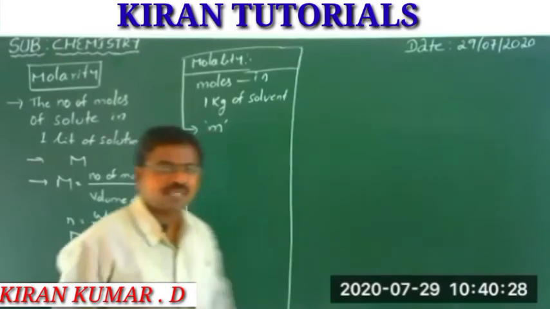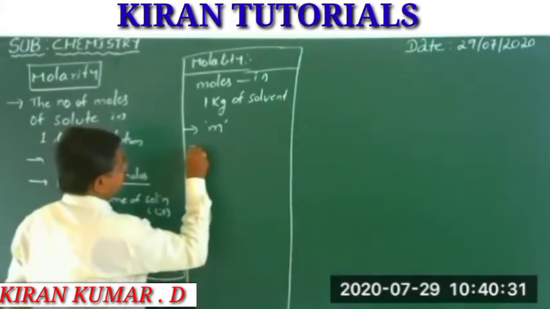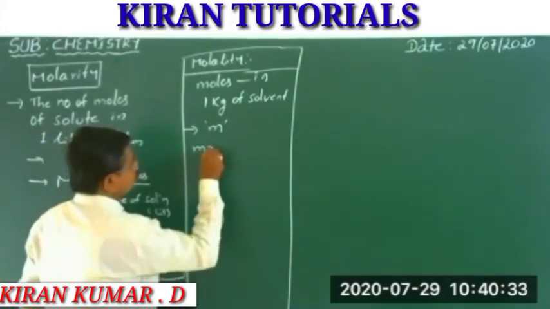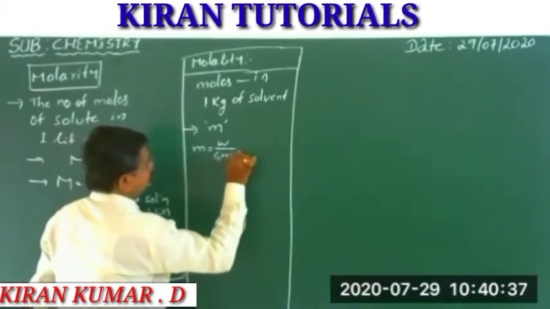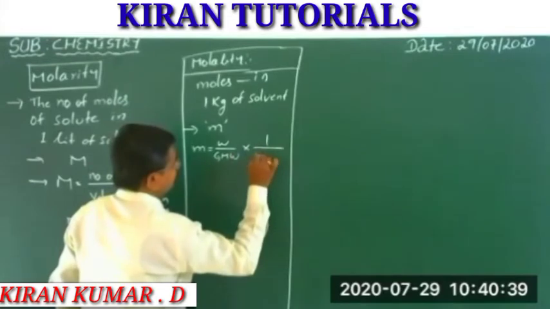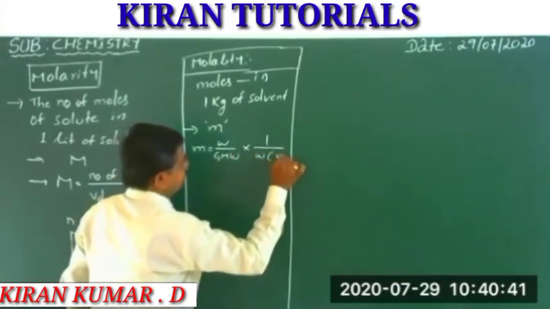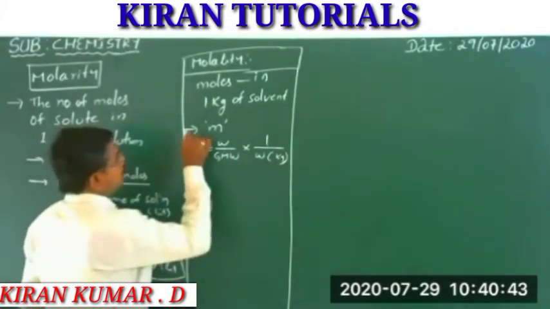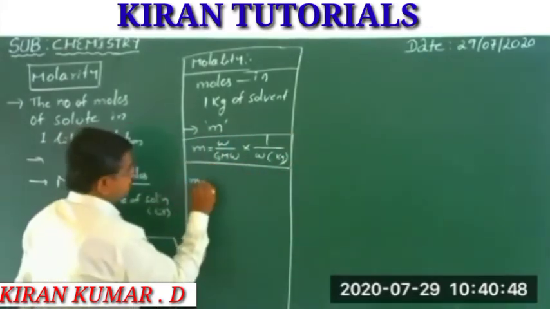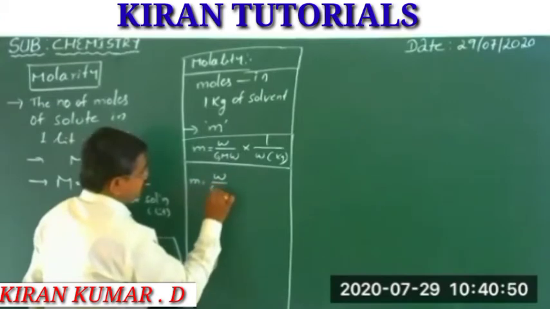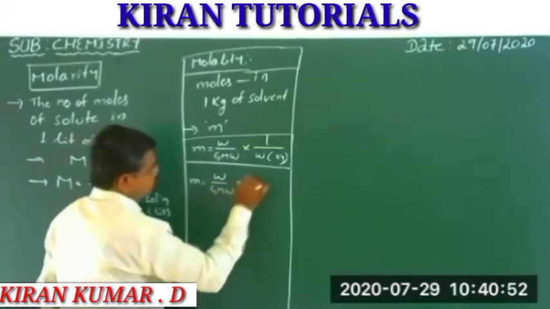And what is the formula? Here also, m is equal to weight by gram molecular weight into 1 by weight of solvent in kg.